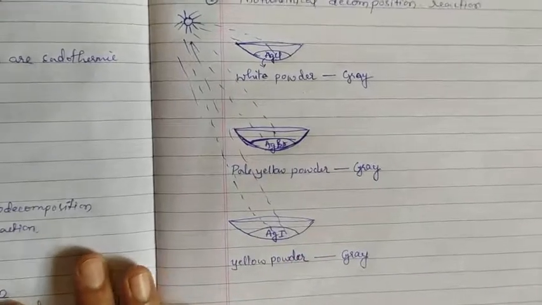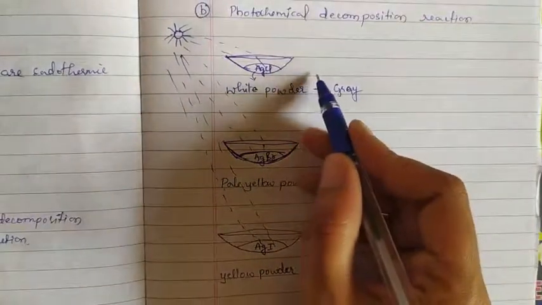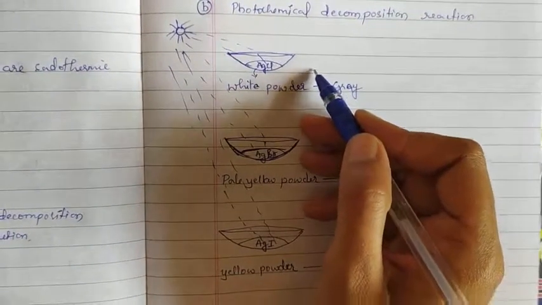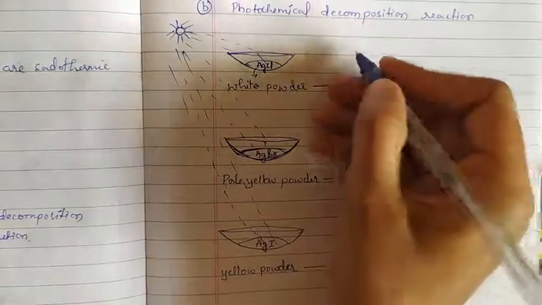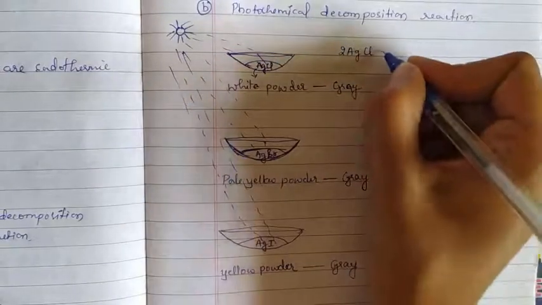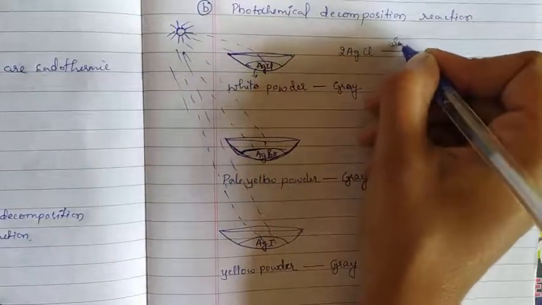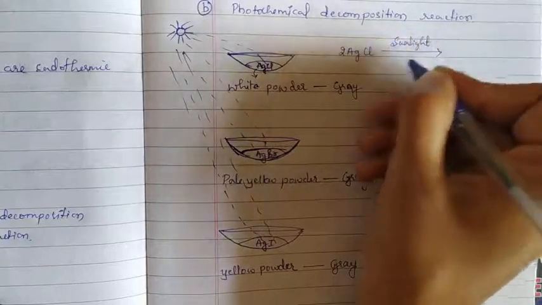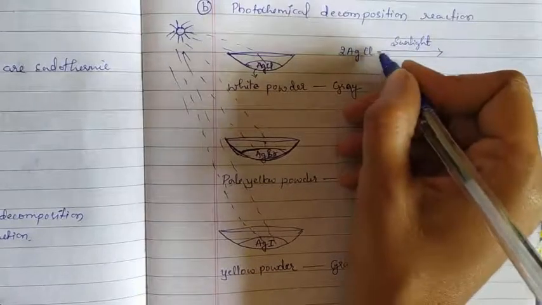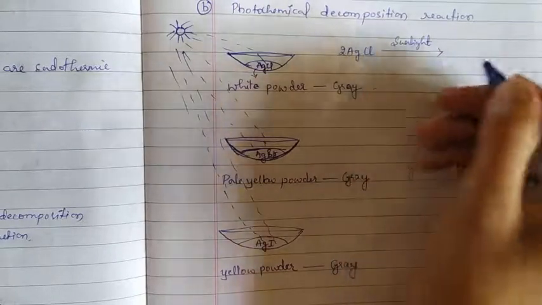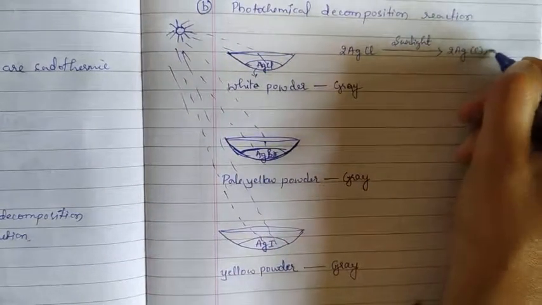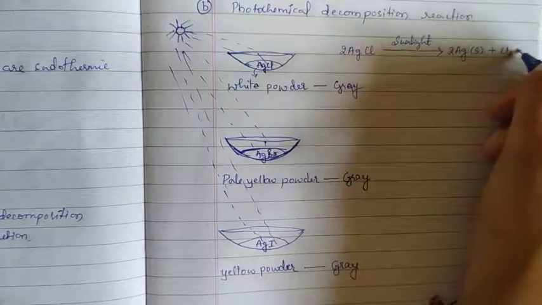Okay, here now we will write the chemical equations for the chemical reactions involved. See here, silver chloride is a white powder. When it is exposed to sunlight, this silver chloride absorbs the sunlight and decomposes into silver and chlorine gas.